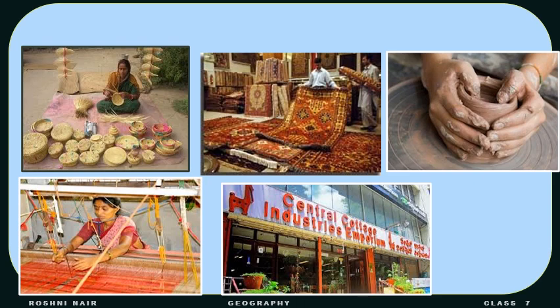Industries can also be classified, or we can say categorized, into many groups. It can be categorized on the basis of raw materials which are used. It can be categorized on the basis of size. Size in a sense, for example, cottage industry.